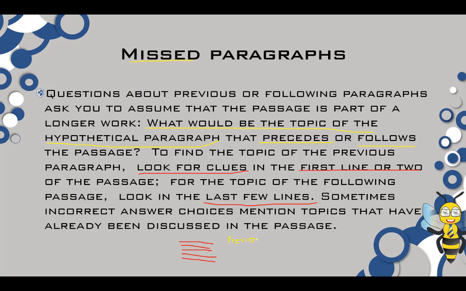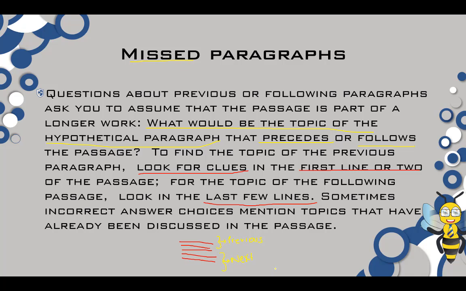So, if my question is, what could be the previous paragraph? If the question is about the previous paragraph, you should check the first 2 lines of the paragraph. But if the question is what could be the last or the next paragraph about, you should check the last 2 sentences or the last 2 lines.